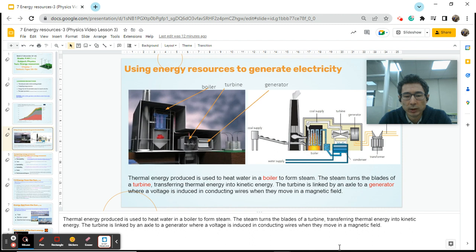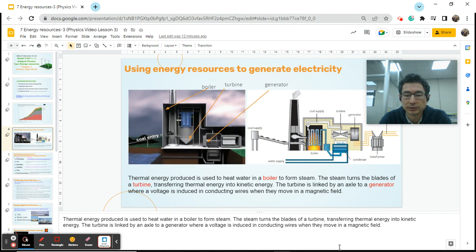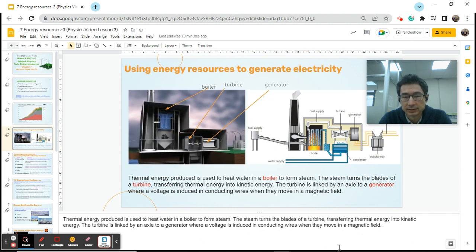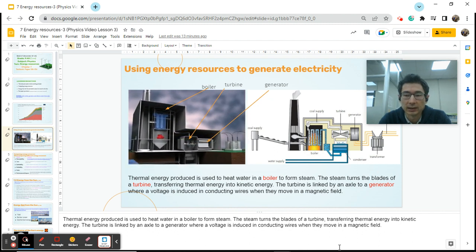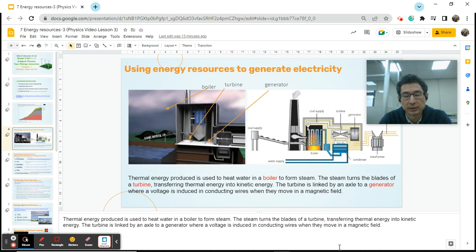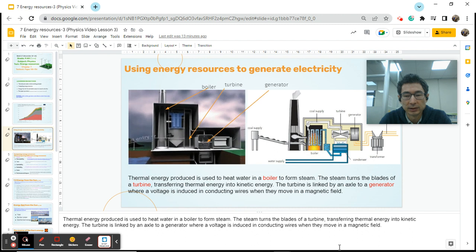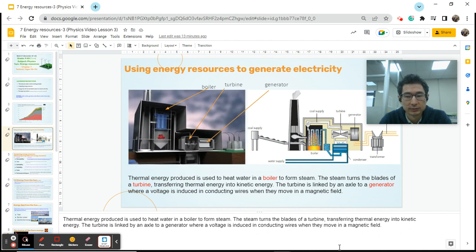Now, from these slides, you have some idea about what the boiler, turbine, and generator are. Again, a generator can work both ways. From batteries, you can use electric motors the other way to turn the wheels of your electric scooter or electric car.